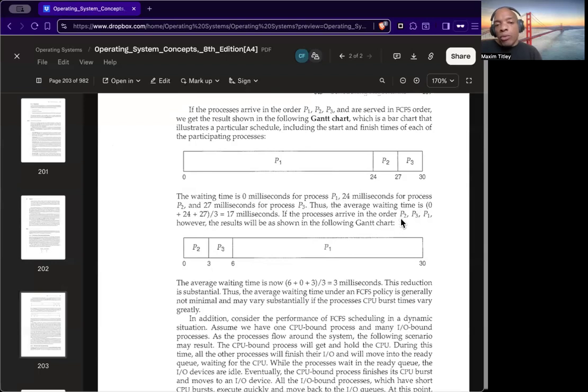If the processes arrived in the order of P2, P3, P1, that would have been much different, right? Then you would have just 3 and 6, right? So then you would have the following. If you take a look here, this is 3, this is 6, and we add those two together. 9 divided by 3 means that we have an average waiting time of 3 milliseconds for those processes. This is what makes it so important.